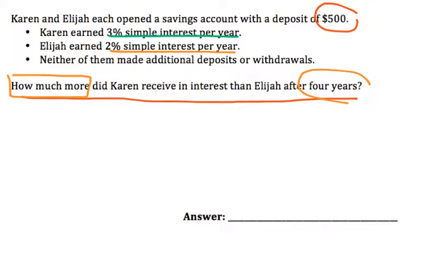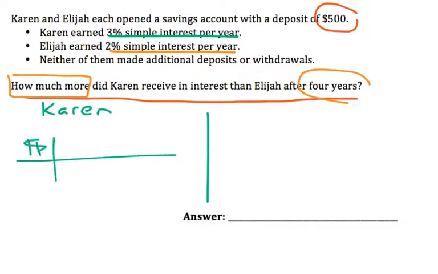If you think you have enough to solve this on your own, do it without me, but I'll definitely show you how to go through this one step by step. So let's check them both out. Let's start off with Karen. Karen starts off with $500 in the bank, and that's 100% of her investment.